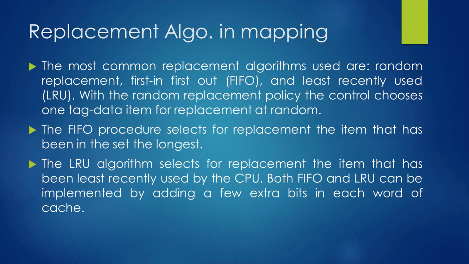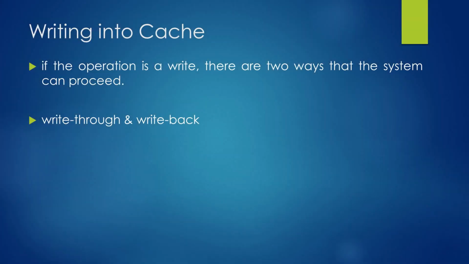Now we also have one subtopic related to it: when we are writing into cache, in which manner it should be done. We have already seen how the mapping works and what the different types of mapping are.